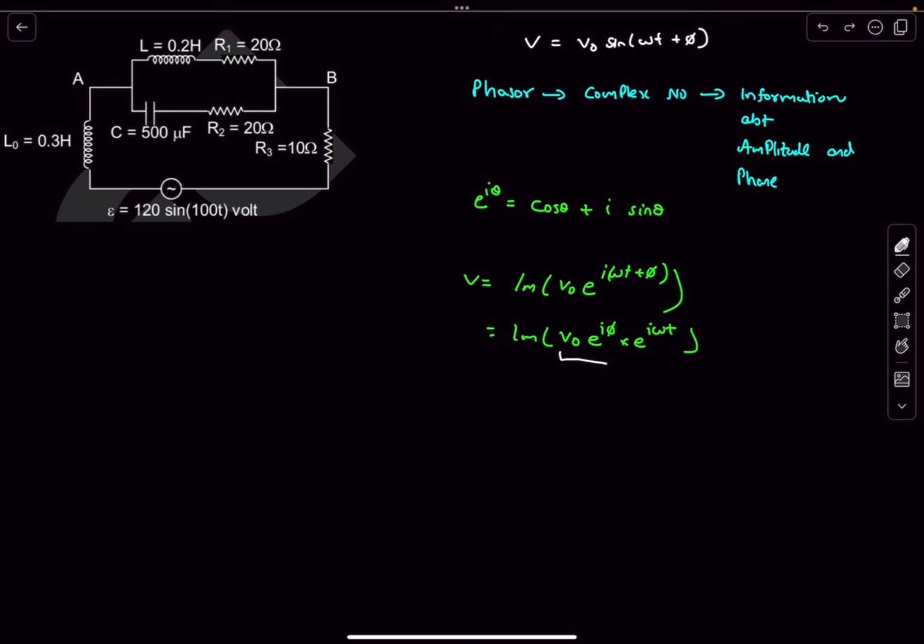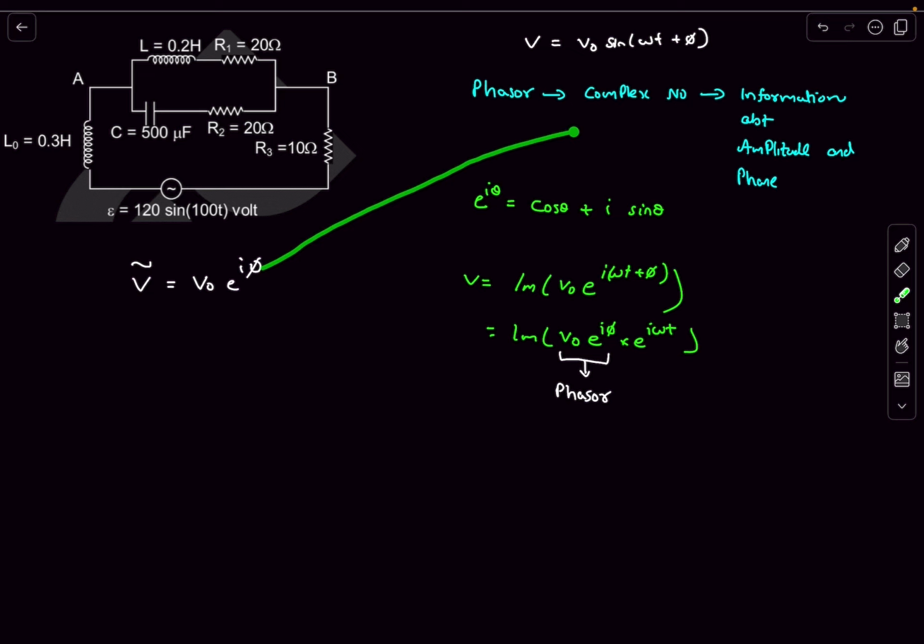And this term over here, V0 e to the power iota phi, is what we term as a phasor. In this case, it is the phasor of the voltage, right? I am going to term the phasor voltage with the symbol V with a curly sign over it, and this curly sign is called tilde. So V tilde is nothing but V0 e to the power iota phi.